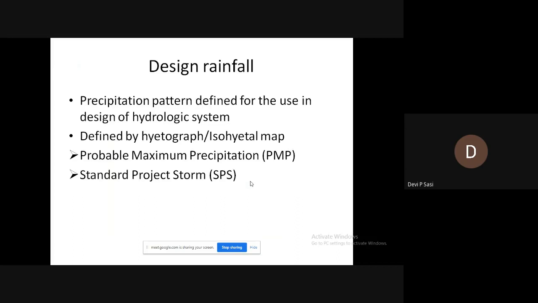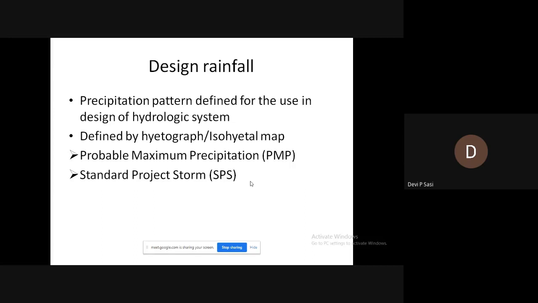It can be defined by a hydrograph or isohyetal map, which you have learned about in previous classes. This can be used for the design of a stormwater runoff system or to find the flow rate of a dam.